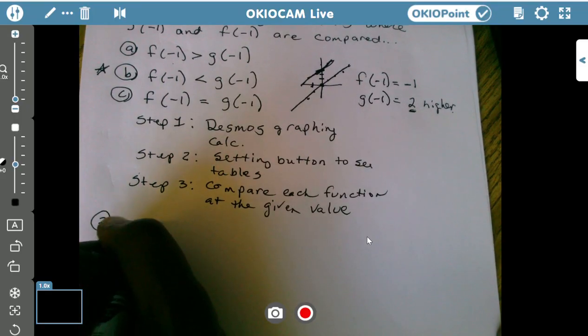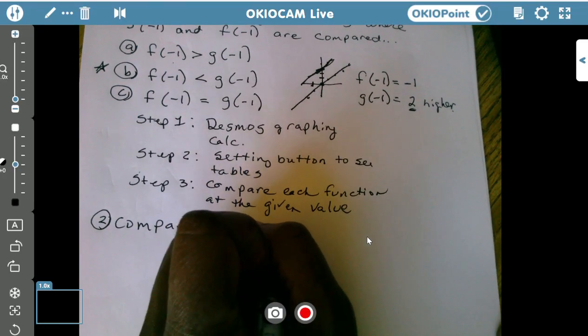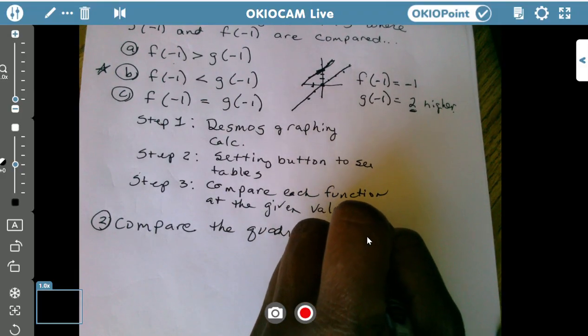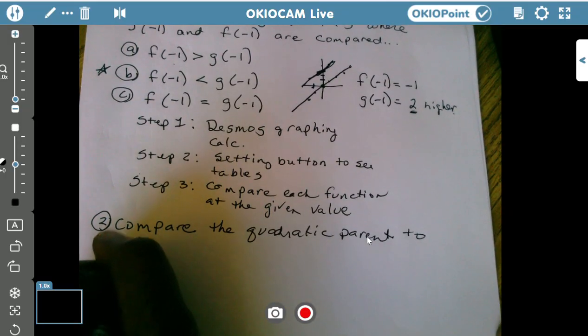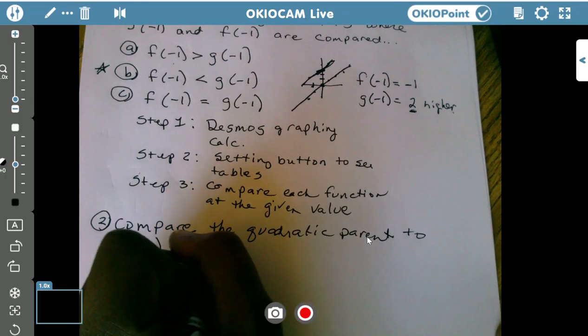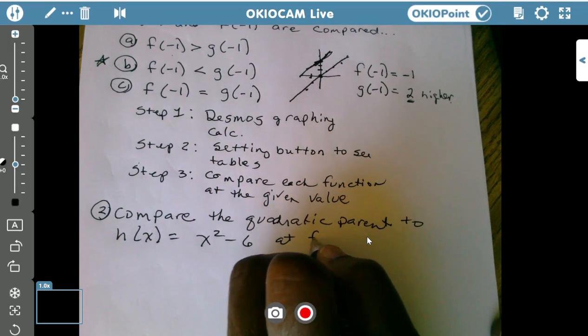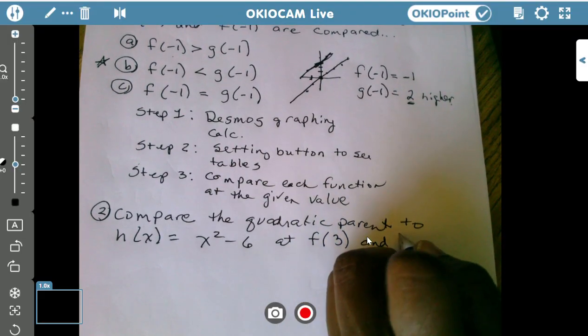Alright, now we're going to look at the quadratics. We're going to compare the quadratic parent to h of x equals x squared minus 6 at f of 3 and h of 3.